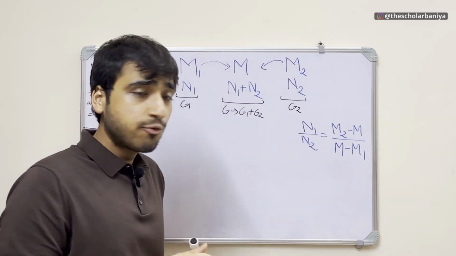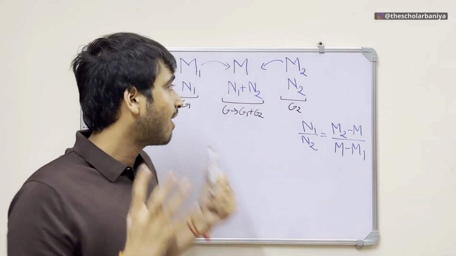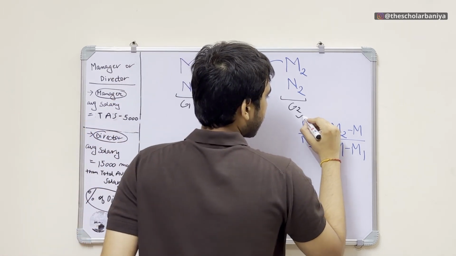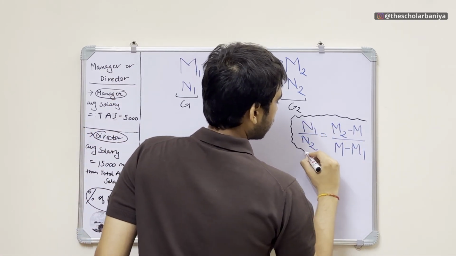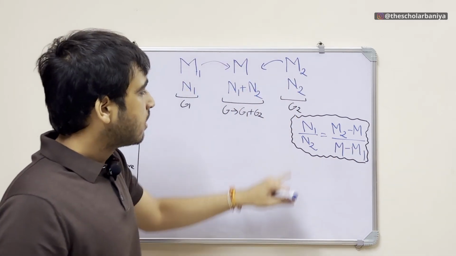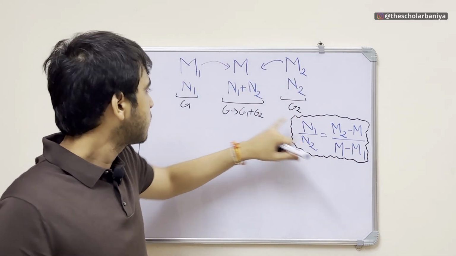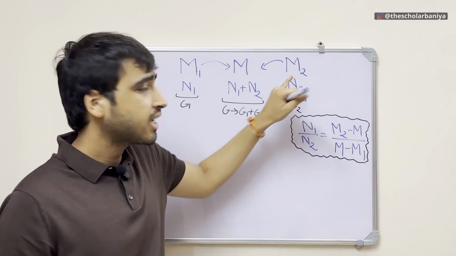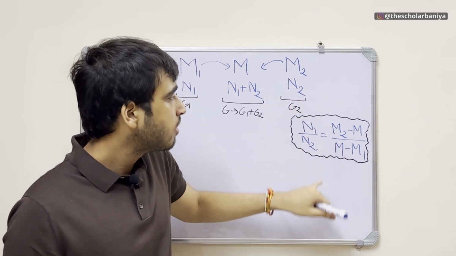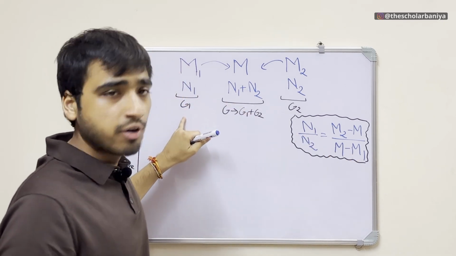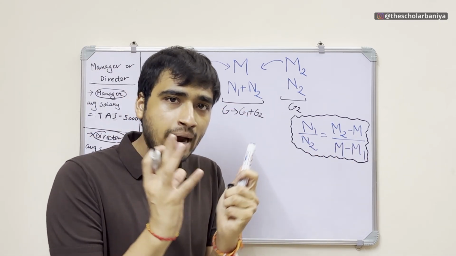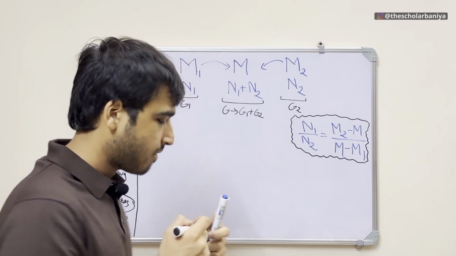Okay, so this is the formula that you should just learn and understand very properly because it's going to be very, very helpful. N1 is the number of objects in group 1, n2 is the number of objects in group 2, m2 is the mean of the second group, m1 is the mean of the first group, and the m over here denotes the combined group's mean. Okay, perfect.